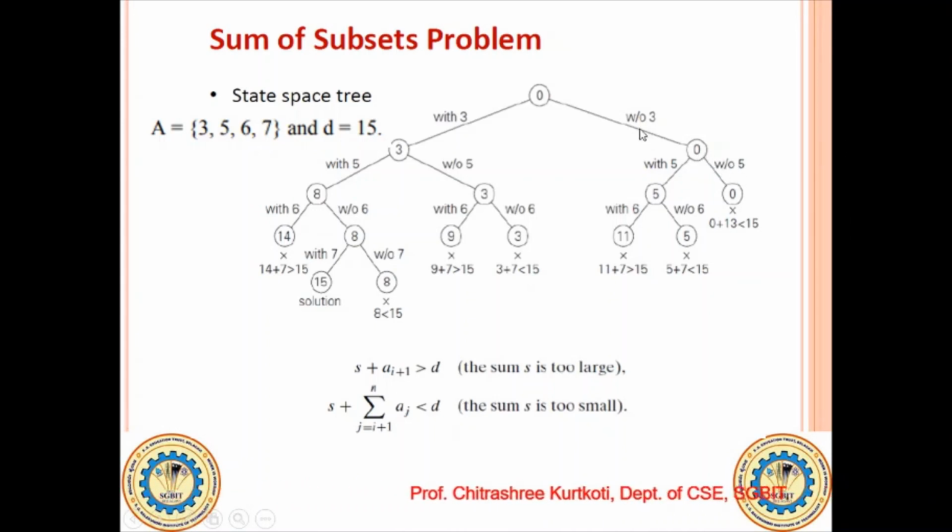So here no sum was there, that is, we have not added 3. Hence, it is 0. Next, here also we are not adding this 5. Hence, the sum is 0. So then if you consider the other two elements also, 0 plus 6 plus 7, the sum will be 13 only, which will be less than 15. Hence this node is also considered as non-promising.